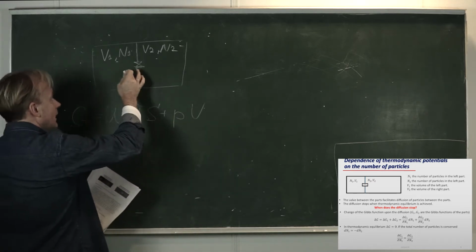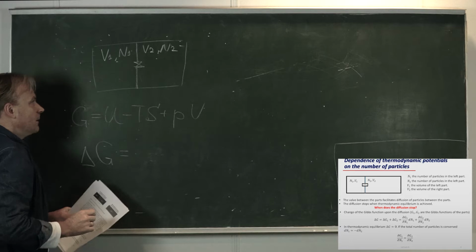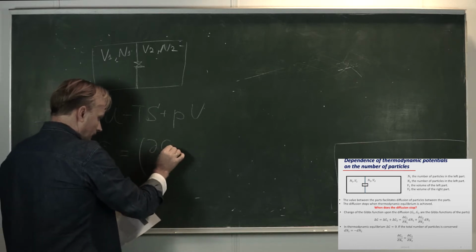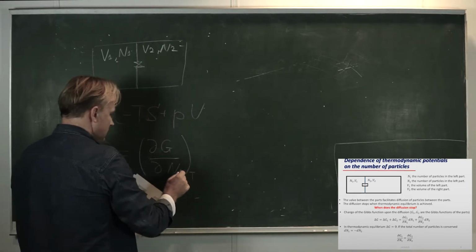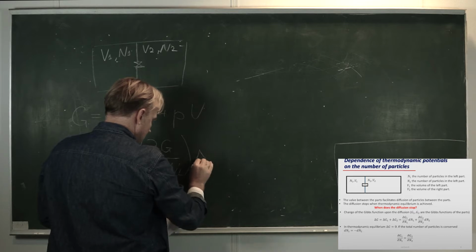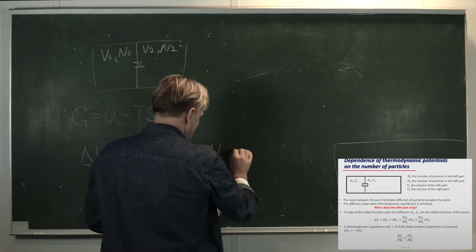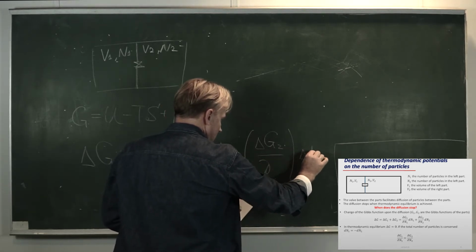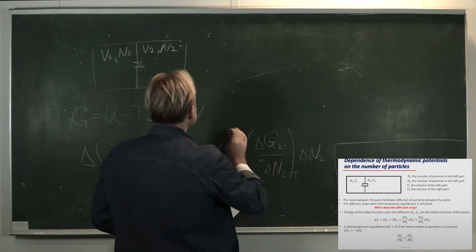But since the number of particles now changes, I will write a change of thermodynamic potential as a change of number of particles on the left side times the derivative of thermodynamic potential with respect to number of particles on the left side, and a change of thermodynamic potential due to the change of number of particles on the right side of this volume.